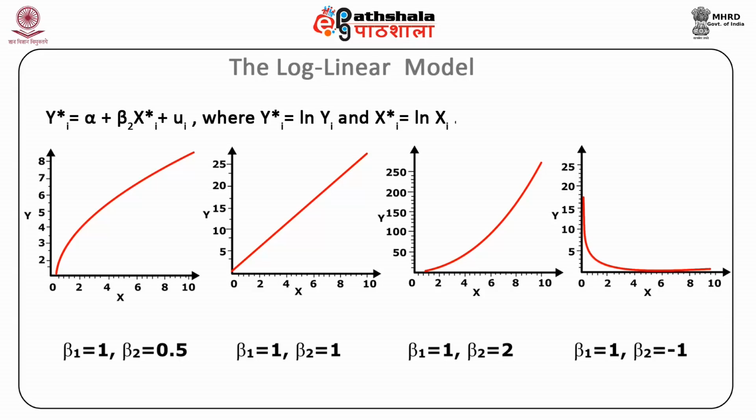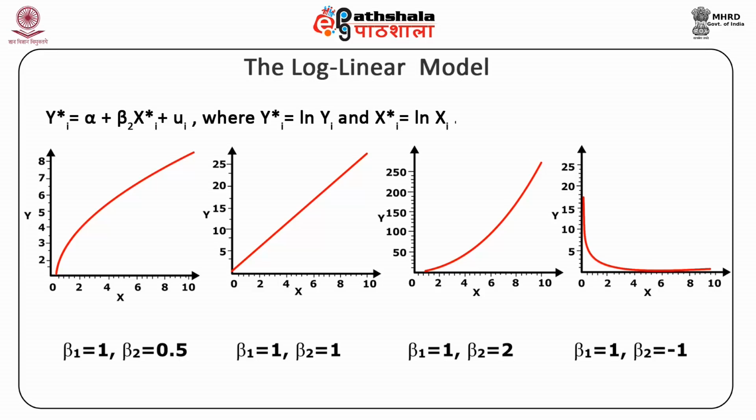Thus, if y represents the quantity of a commodity demanded and x its unit price, beta 2 measures the price elasticity of demand, a parameter of considerable economic interest. Two special features of the log linear model are: the model assumes that the elasticity coefficient between y and x, that is beta 2, remains constant throughout.